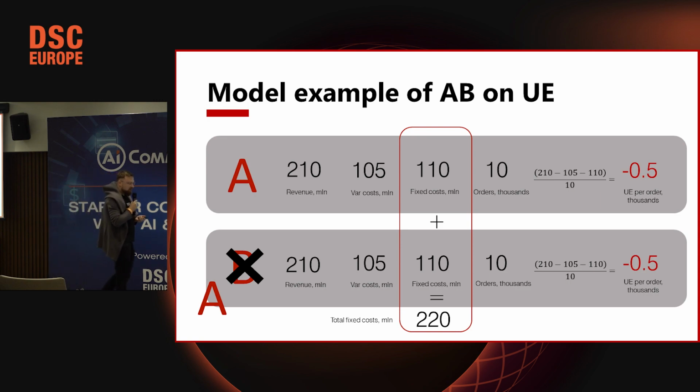Because we have fixed cost, and when we apply version A to the whole business, for group A as before and for group B, we should recalculate our unit economics, and in this case we easily see that the network effect is working, and how it works across different groups.